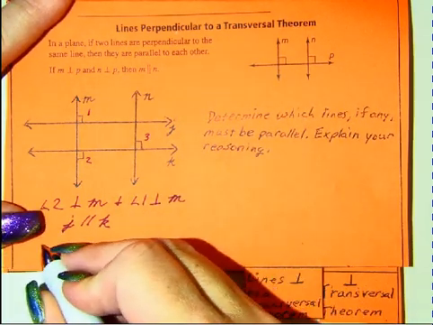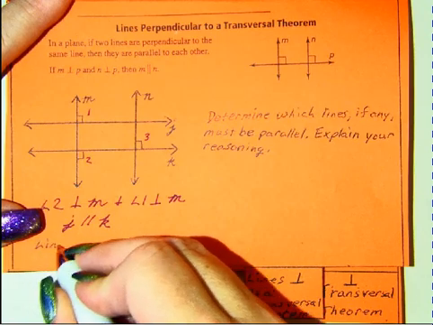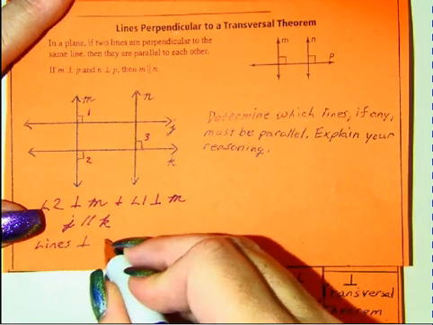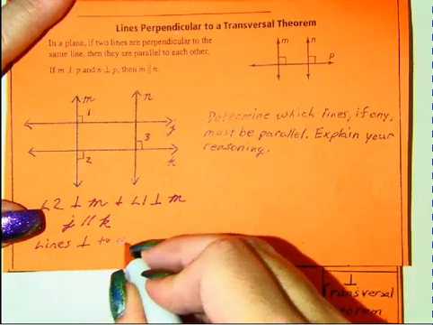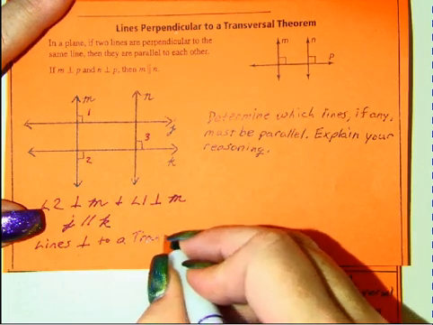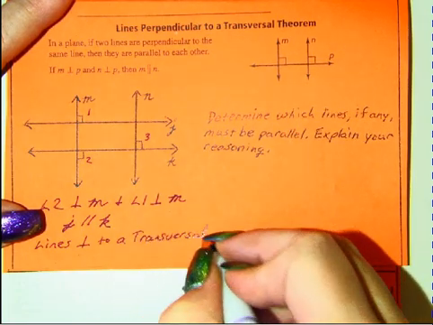So this is our lines perpendicular to a transversal theorem.